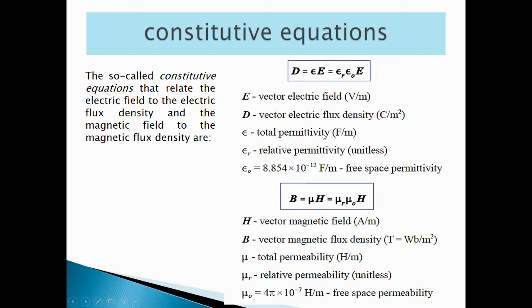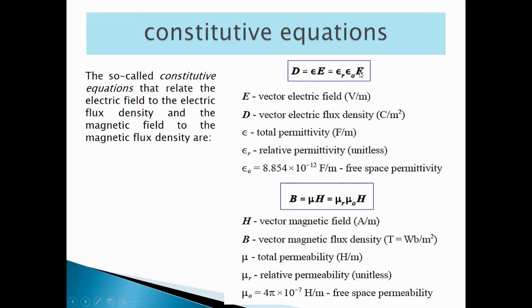The total permittivity is the relative permittivity multiplied by the permittivity of free space. So D is equal to epsilon E, which is equal to epsilon R multiplied by epsilon naught E.